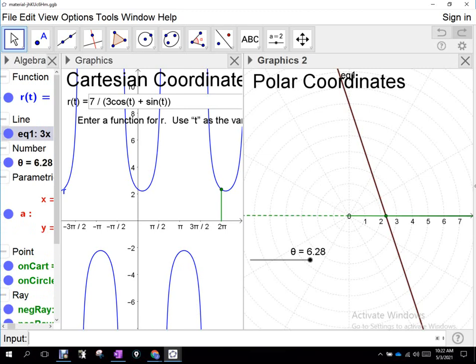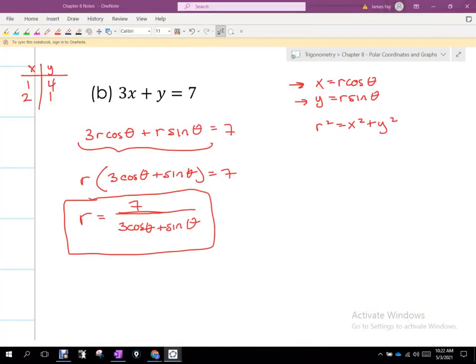So really what's happening here is this program is using these relationships to pull out values to plot that came from x's and y's. It's redefining those based on theta and a radius now. Is that okay?